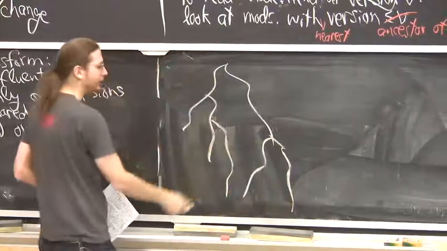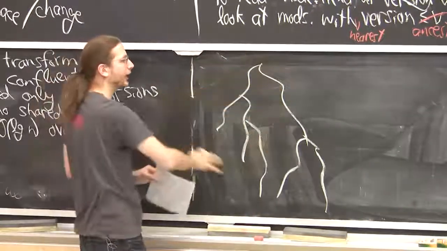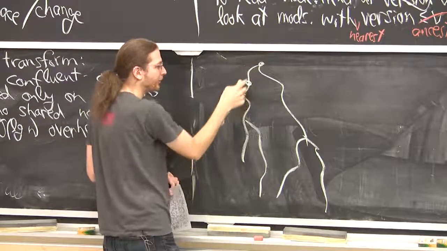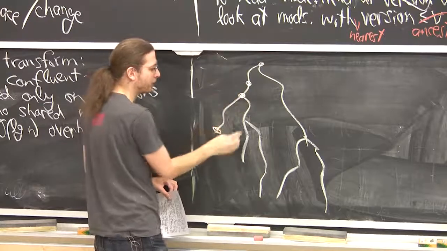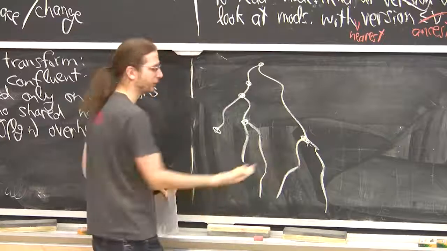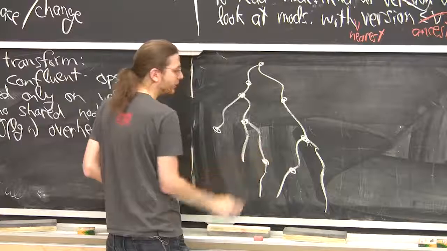Okay, I'm drawing all these wiggly lines because there are all these versions where the node isn't changing. This is the entire version DAG. And then some of these versions, that node that we're thinking about changes. Whenever it branches, that's probably because the actual node changed, maybe. I don't know. Anyway, there are some dots here where the version changed.